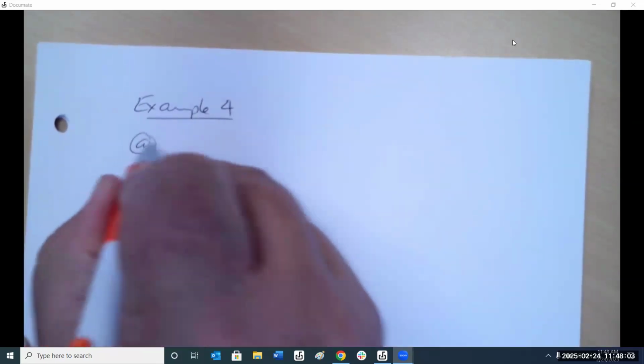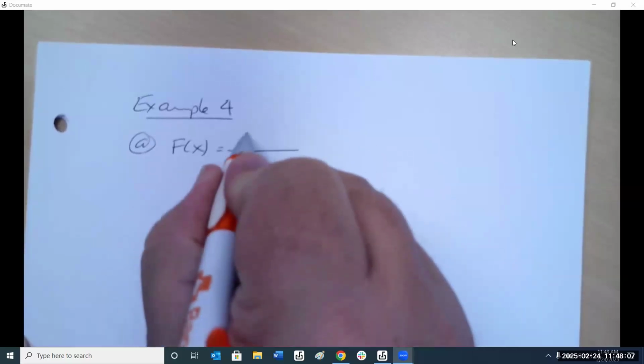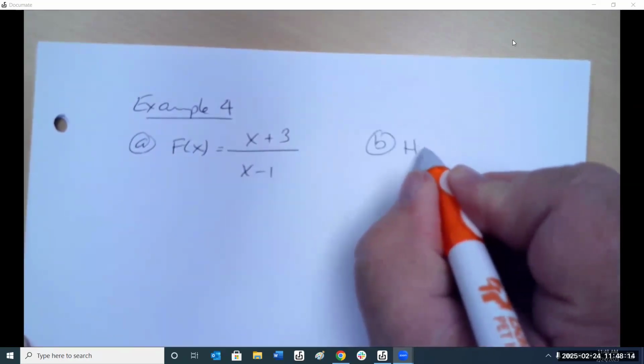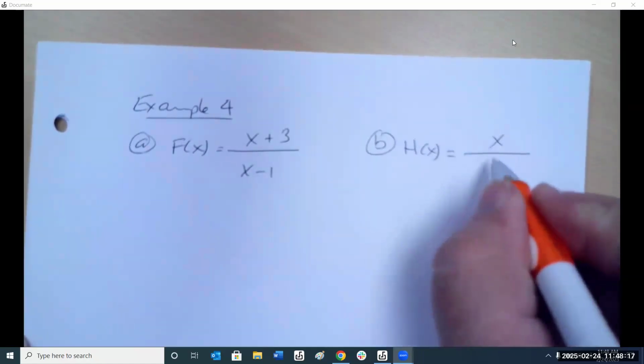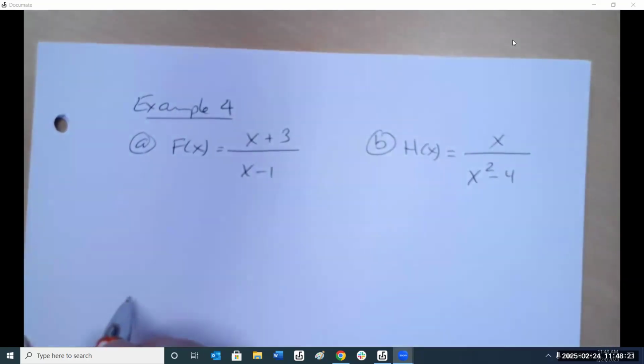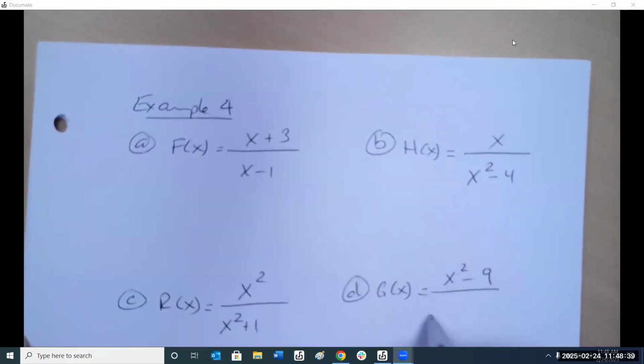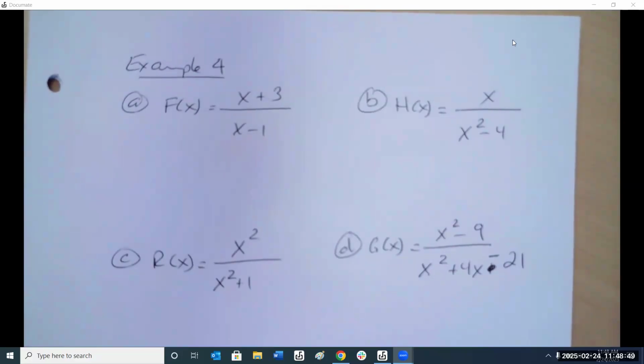This is the stuff we've done already. So let's see if we could go through this pretty quick. Originally, they're asking you only for the vertical asymptote.